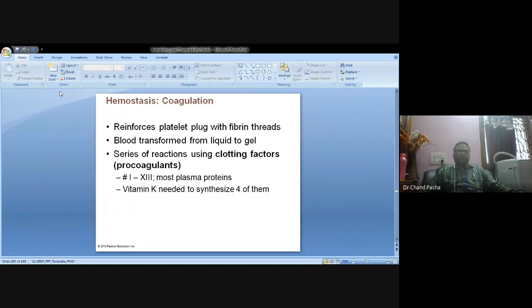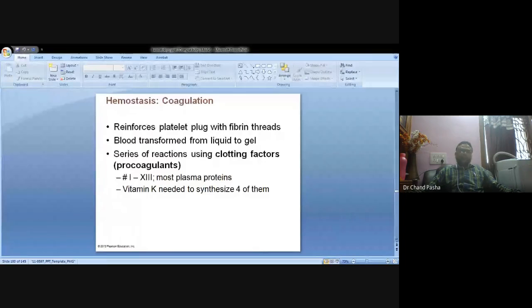And see, there are 13 procoagulants, and mostly they are plasma proteins.